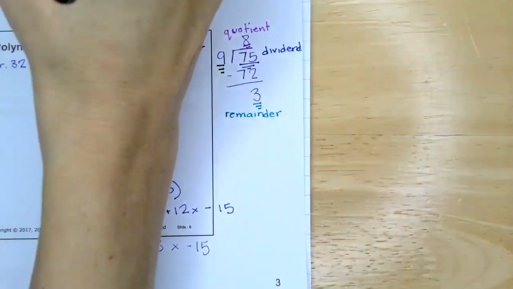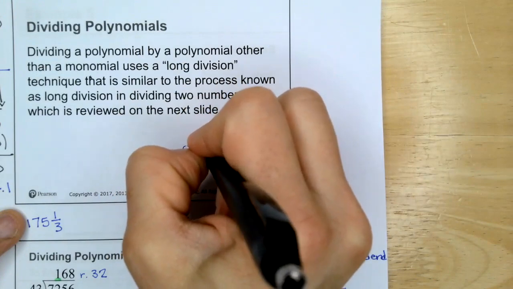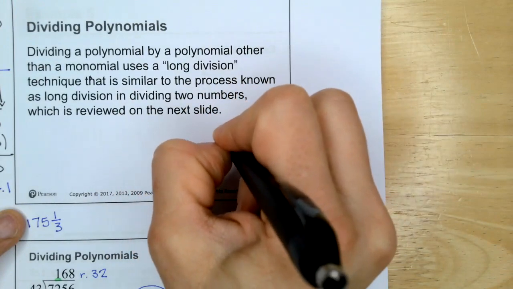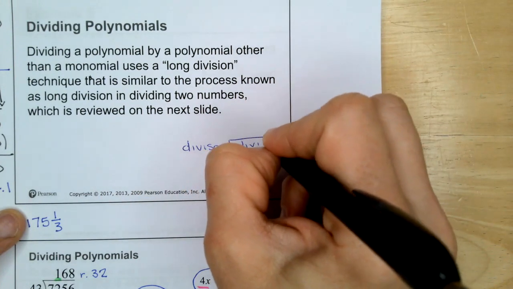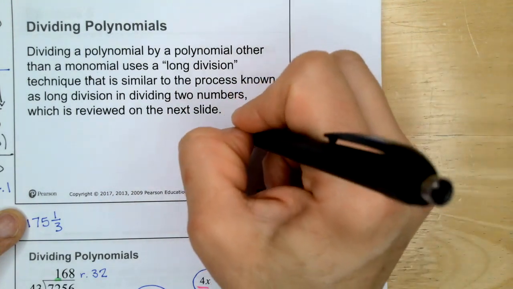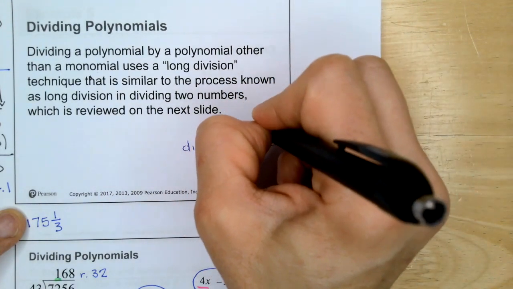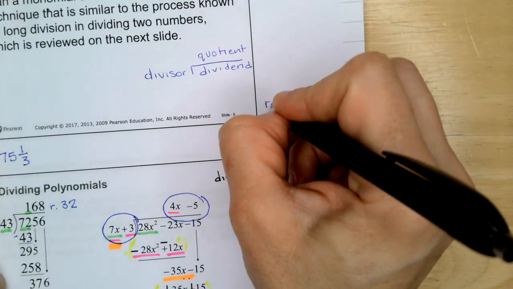So we have the divisor there. We have the dividend. We have the quotient. And then we have a remainder.